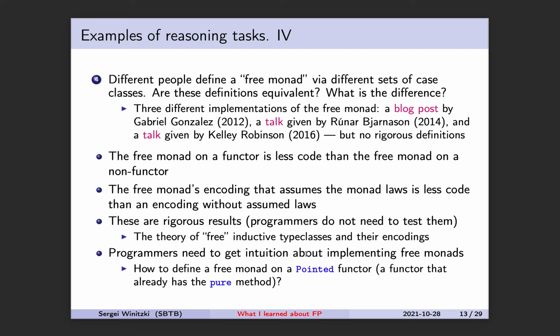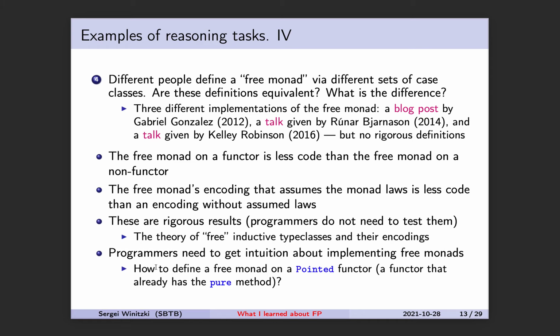Or you could just look at some of these examples, get intuition, but you need to know that there is a theory, that there is a proof to be made. For example, the equivalence of types between what is defined here and what is defined here in case of a free monad on a functor. So those are equivalent, and you can prove that.